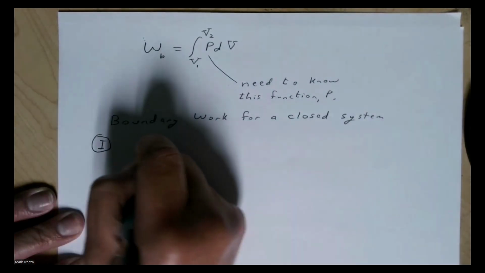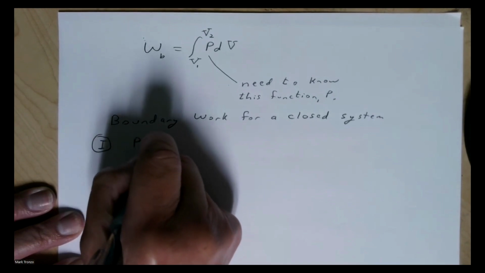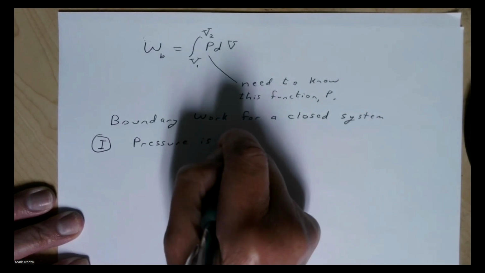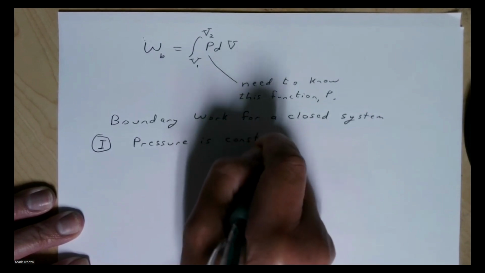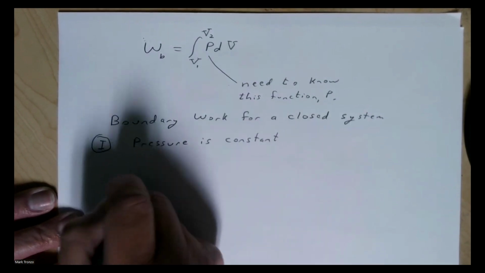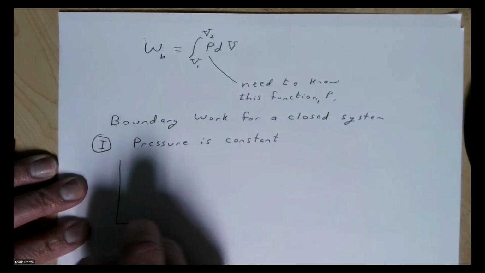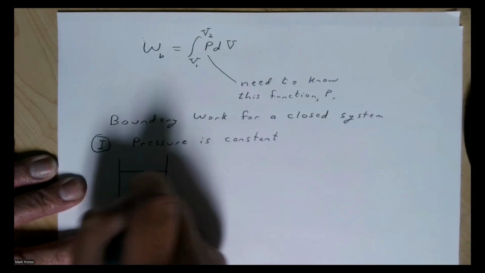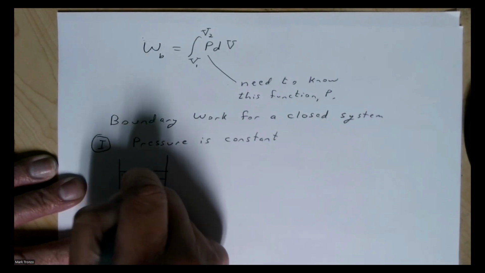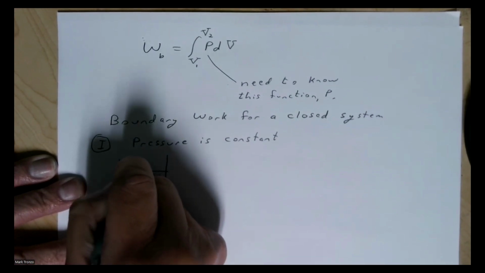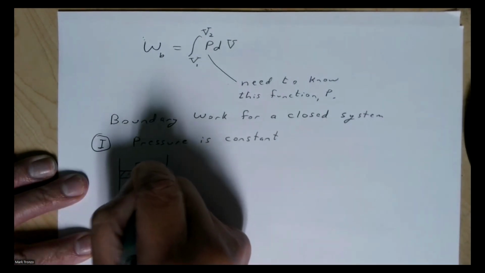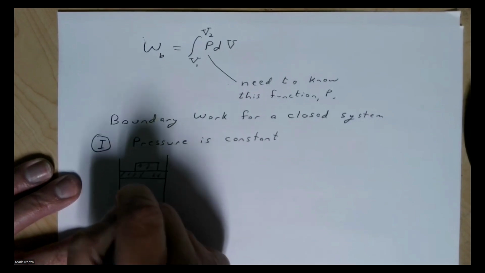Number one, if the pressure is constant. Remember, that's represented like maybe if you have some kind of mass, some kind of weight, keeping the pressure constant, and this piston is free to move.